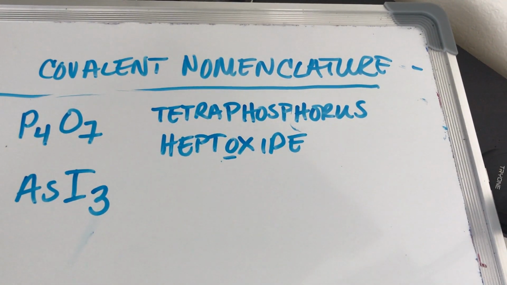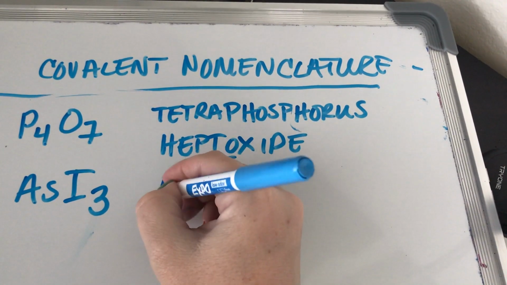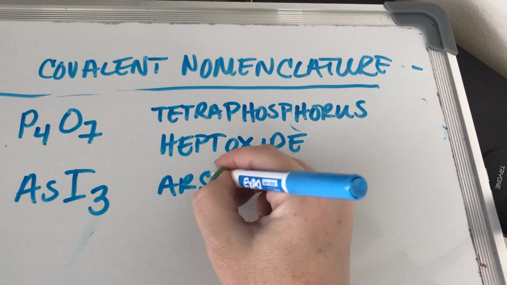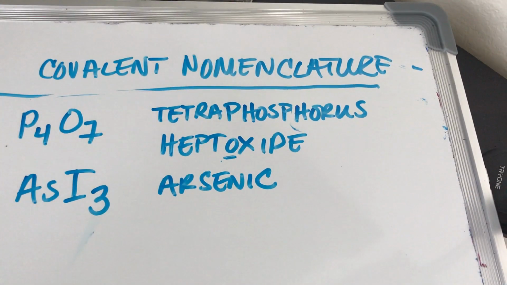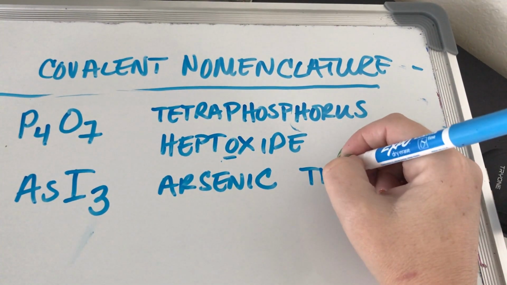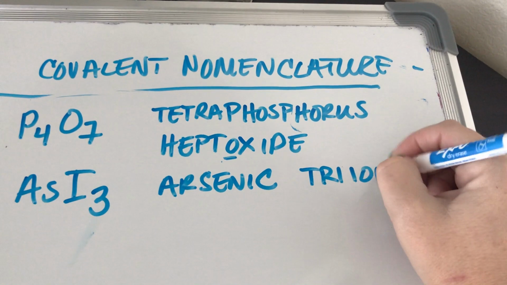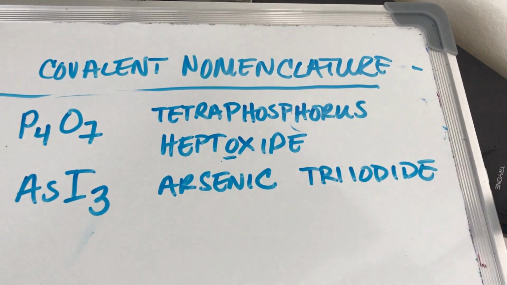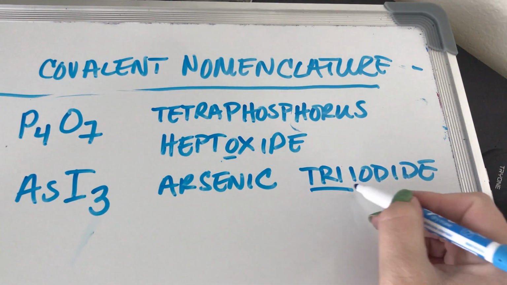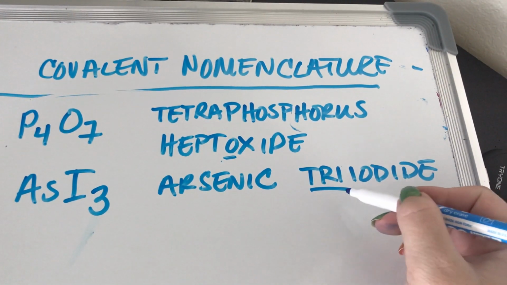Is that monoarsenic? Arsenic. Or should you just put arsenic? Arsenic triiodide. Yes. Triiodide. Right? So here's where we have a prefix and a vowel that comes after it, but we don't drop that last letter.